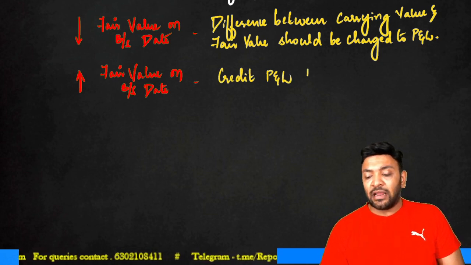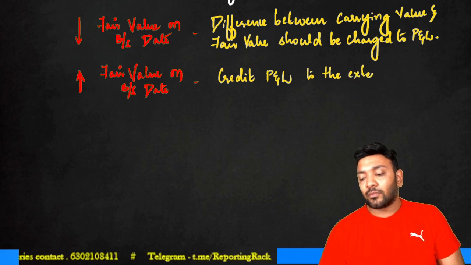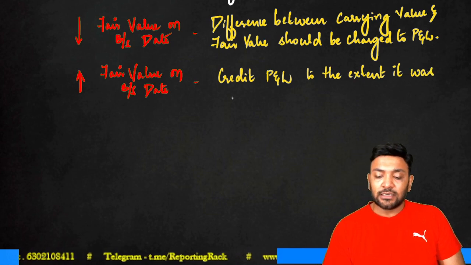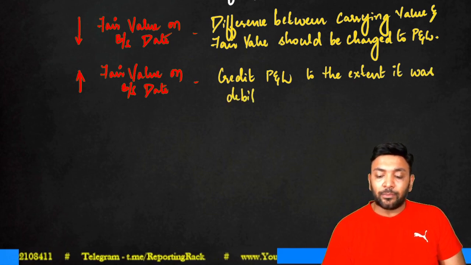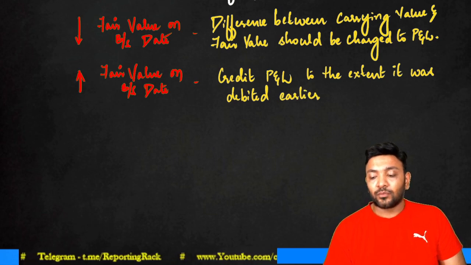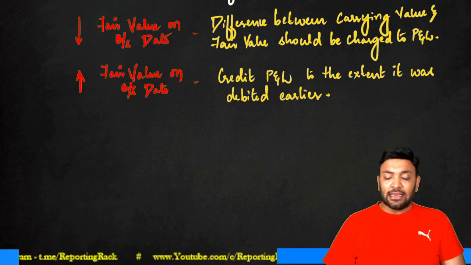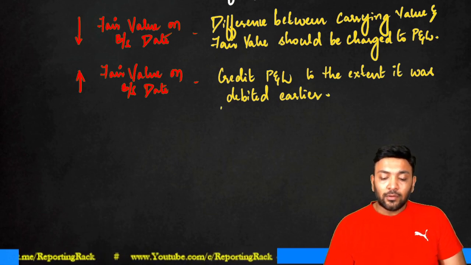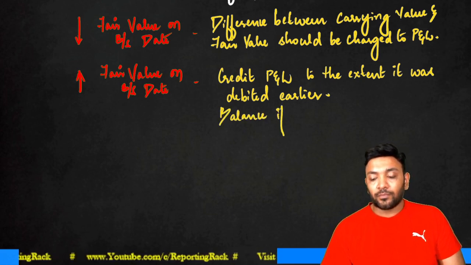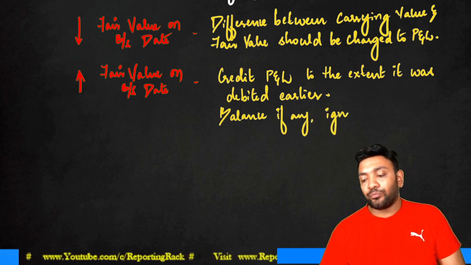Now you credit P&L to the extent it was debited earlier. Balance, if any, ignore.